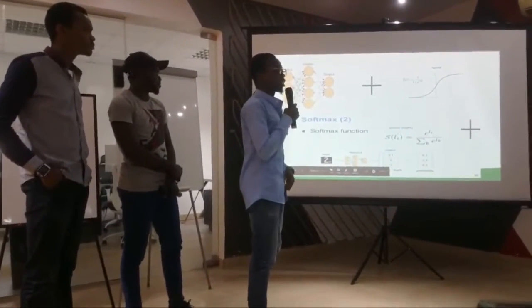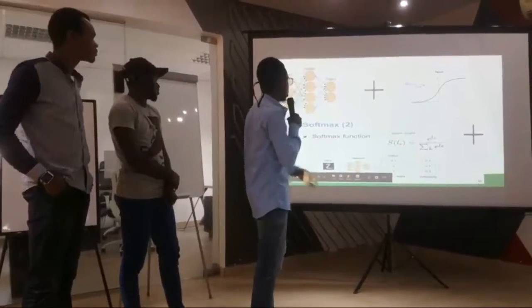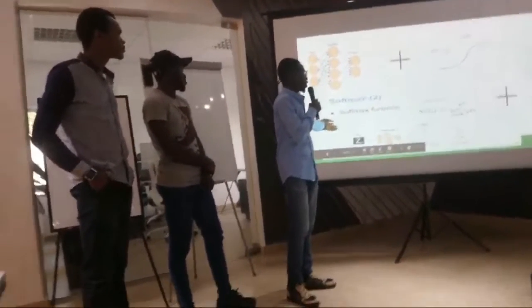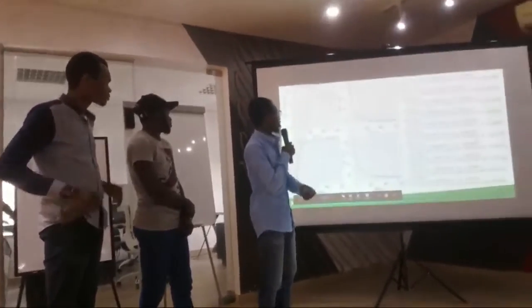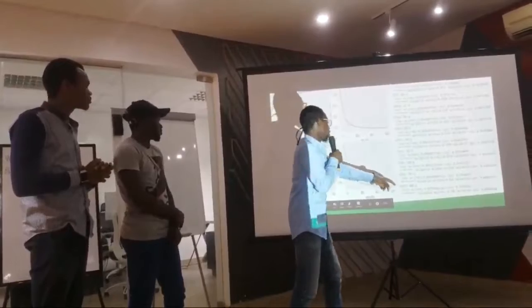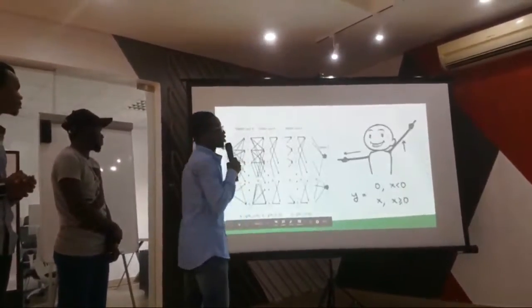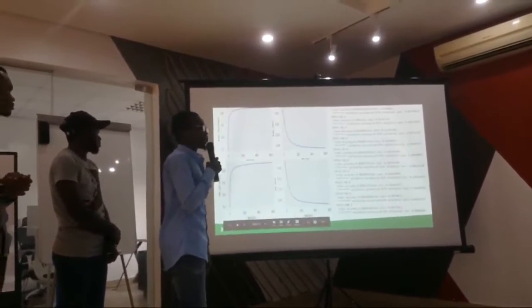Then we added hidden layers. We used sigmoid activation for the hidden layer and softmax activation for the output layer, and this is the plot history. We got an accuracy of 92.8% and a test accuracy of 90% still.